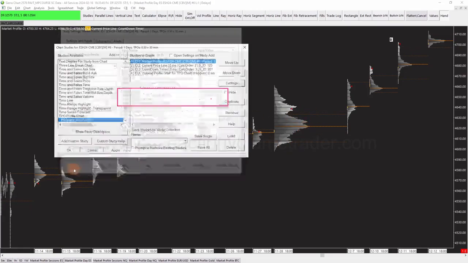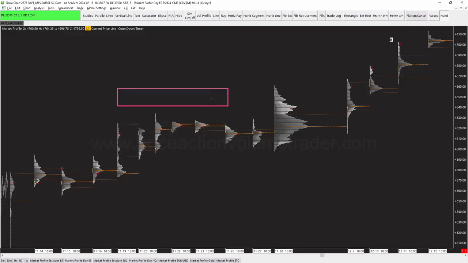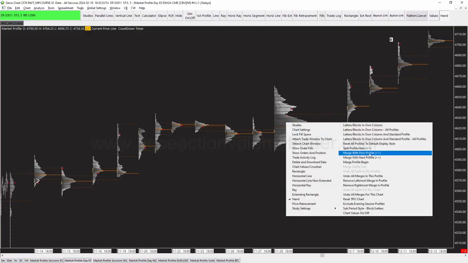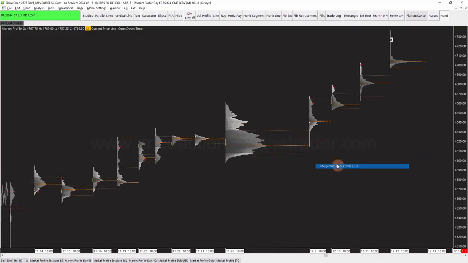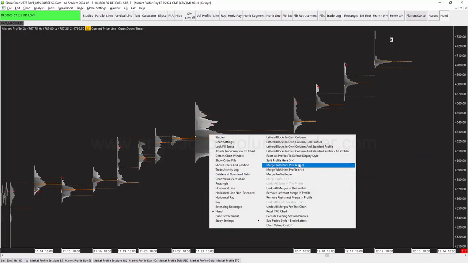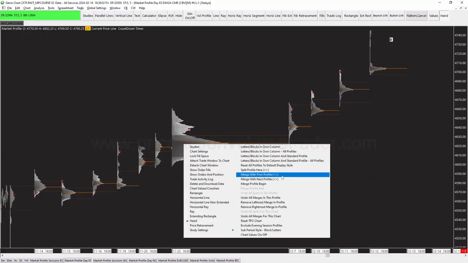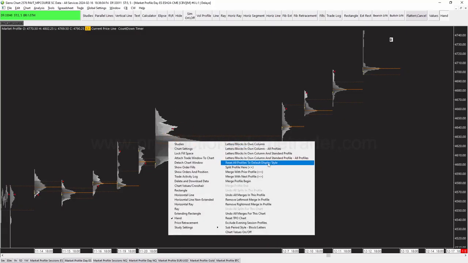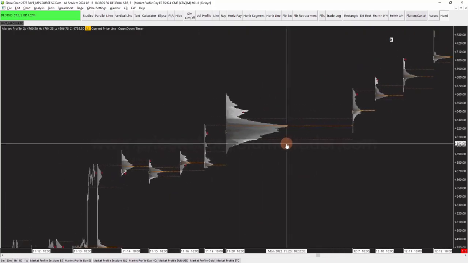I'm just going to take them off because now when you merge them, it's going to look a little bit messy. So I'm just going to continue: merge with prior, merge with prior, merge with prior. So you can see how now we're starting to make a very significant right there.